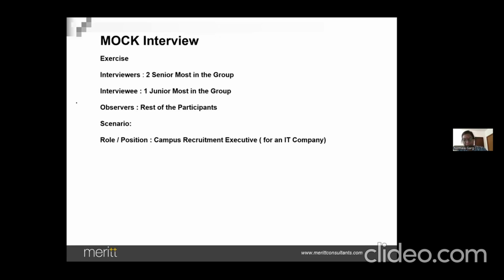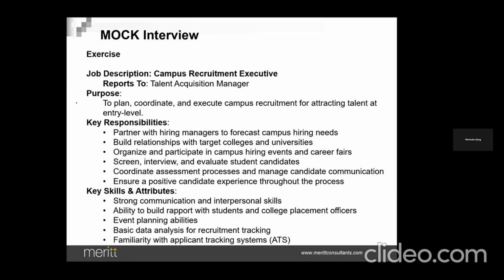I'll give you everything in detail. These are the responsibilities of this campus recruitment executive. To plan, coordinate, and execute campus recruitment for attracting talent at entry level. Partnering with hiring managers to forecast campus hiring.